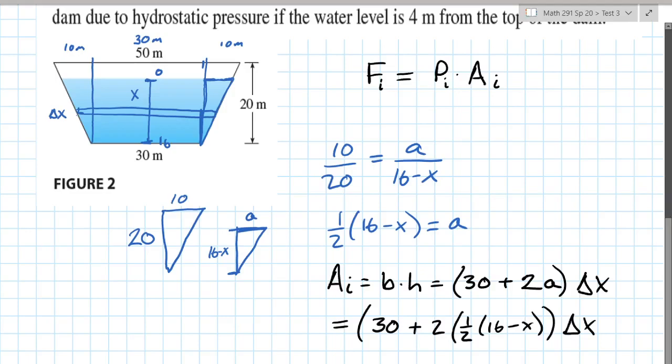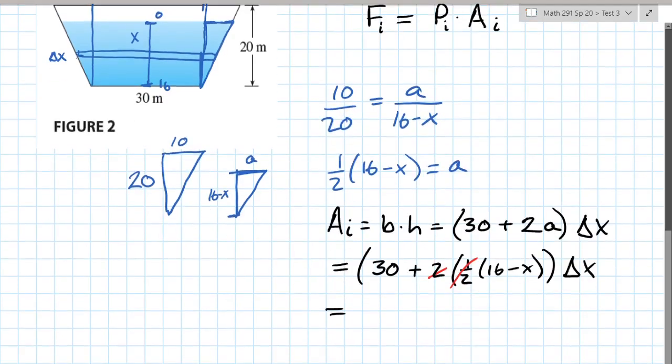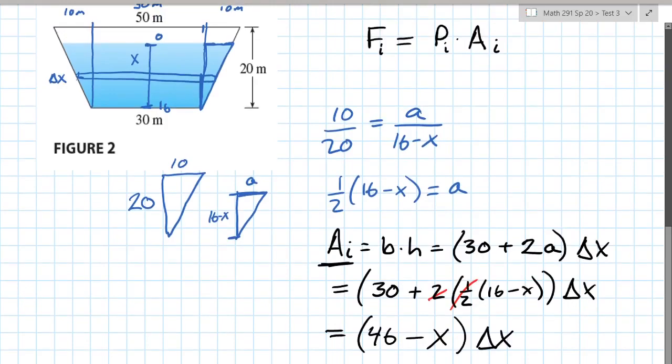Note here the 2 and the 1/2 can cancel, and combining like terms, that gives us 30 plus 16 is 46 minus x times delta x. Okay, so we found the area of this rectangular strip here.